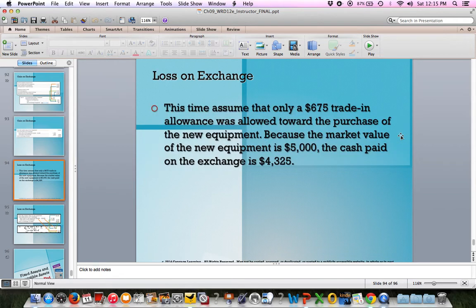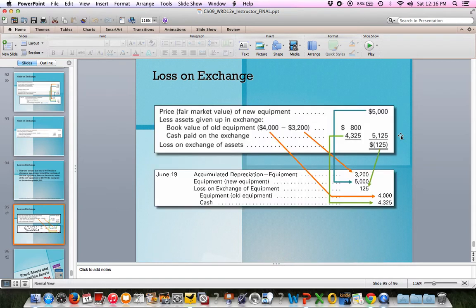And of course, the same thing could happen as a loss. We could do the same type of transaction and end up with a loss. And so it's kind of just taking the same information and this time just changing the numbers a little bit, mostly in terms of the cash paid. So we're going to pay more cash this time, which means now we have a loss on the equipment. So just be aware of an exchange.